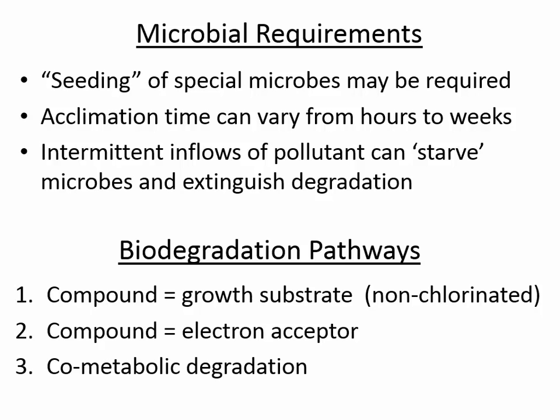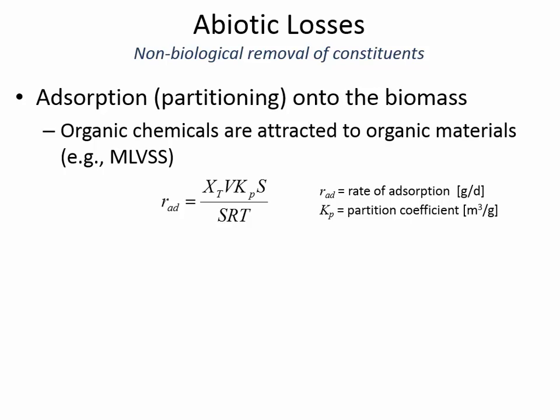So instead of breathing air, they maybe would be using as an electron acceptor some of these other chemicals; explosives may be a good example. But the most common biodegradation pathway is what's called co-metabolic degradation. Co-metabolic means that it just sort of incidentally takes it up into its body mass without really intending to. It's just sort of coincidental that it does.